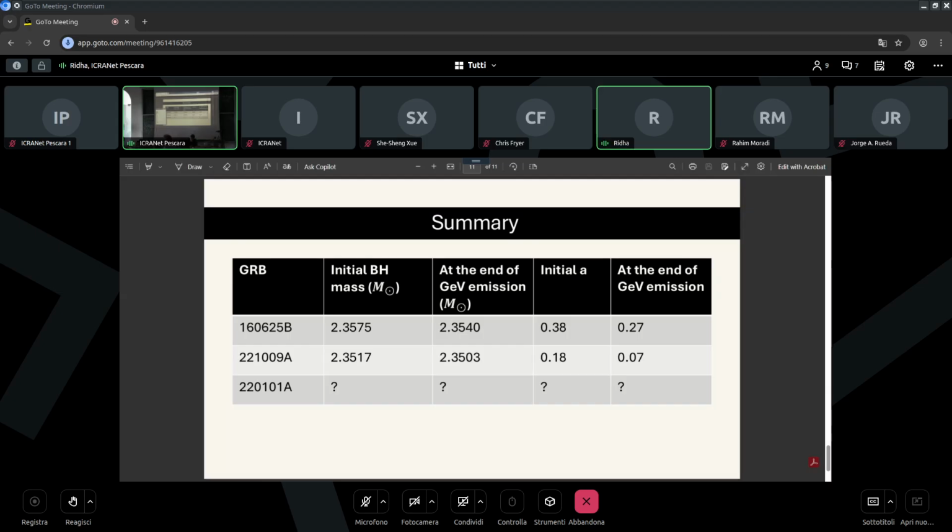What is the difference between the third column and the fifth column? The end of GeV emission. No, one is the initial A at the peak, and the other at the end of the emission.